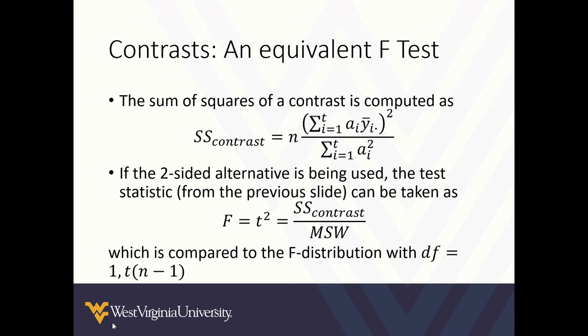The sum of squares of a contrast is computed as SS contrast equals n times the quantity, the summation of i equals 1 to t of a_i times our row means, squared, all over the summation of i equals 1 to t of a_i squared. As the two-sided alternative is used, the test statistic from our previous slide can be taken as F equal to t squared equal to SS contrast over MSW, which is compared to the F distribution with degrees of freedom 1 comma t times the quantity n minus 1.